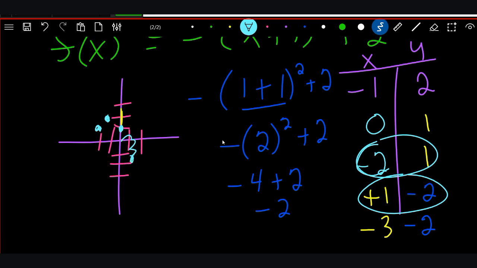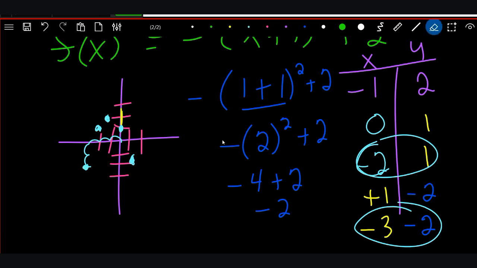So we're right about here somewhere. And then we are at negative 3, negative 2. 1, 2, 3, 1, 2. Right about here somewhere. And I'm not making these perfect. I'm just kind of drawing them so you can see them. All right, so there's our parabola curving down.